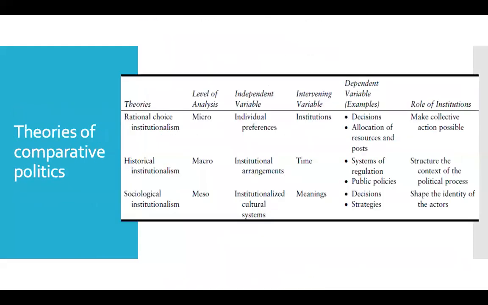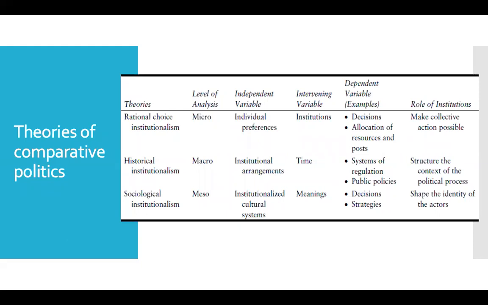Analyzing the quality of research. Then there are different sorts of theories which are used in comparative politics. There are some main areas. We talk about rational choice. Level of analysis is very much on the micro level, and the independent variable is very much about individual preferences.